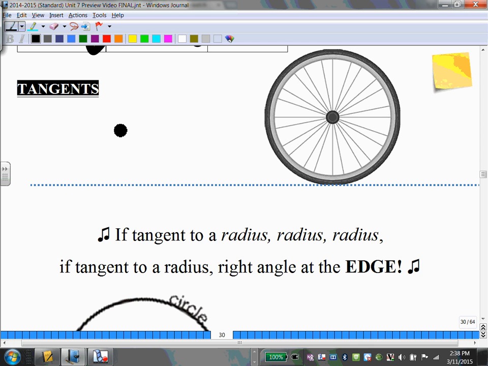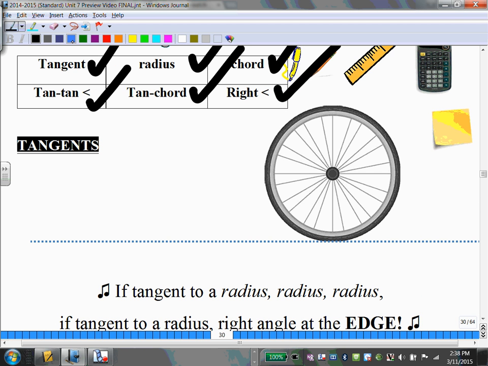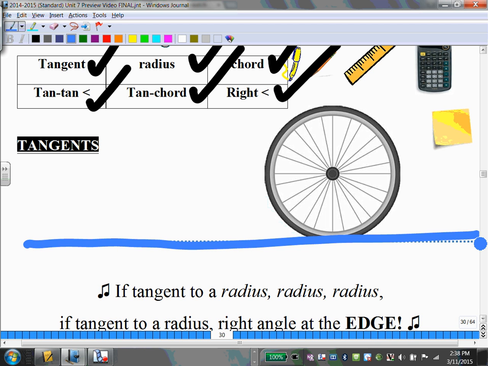Now let's go through, you got to use your imagination just a little bit here. This is the ground, so just trace this. Now that wheel touches the ground at a certain point. And remember, when a circle touches, that is a point of tangency. So we're going to call that a point of tangency.